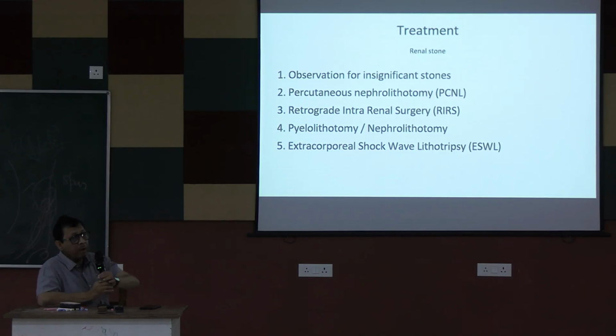But for whom can we wait for the treatment? That is conservative observation. If the stone size is less than 5 millimeter, and the patient is asymptomatic and there is no obstruction related to the system, these are the group of patients where you can wait for conservative management with adequate hydration, painkillers, and OPD follow-up.